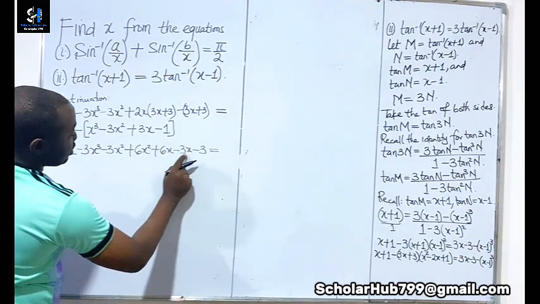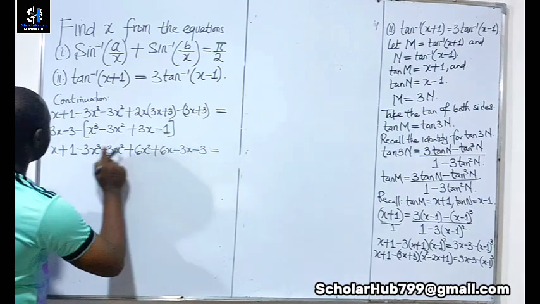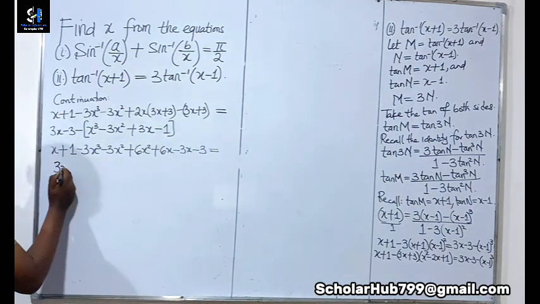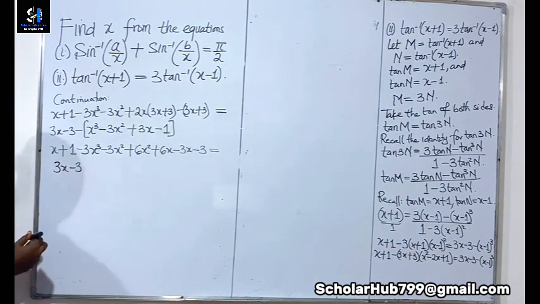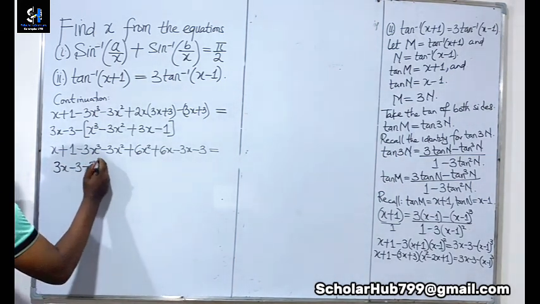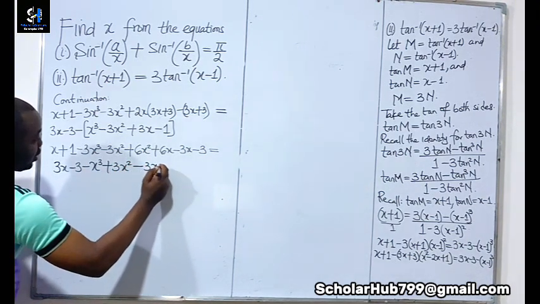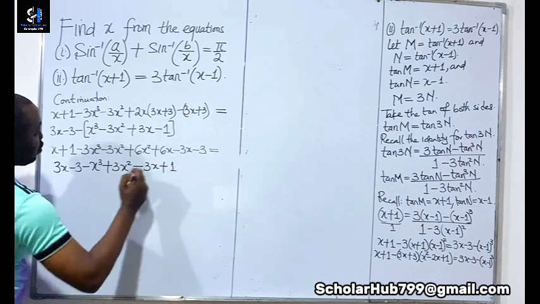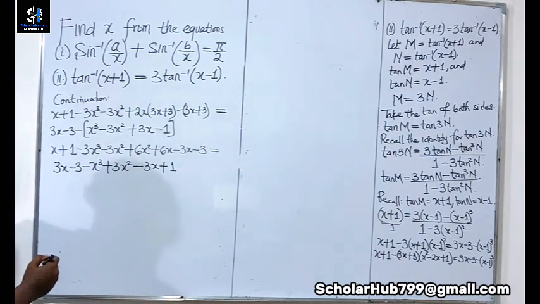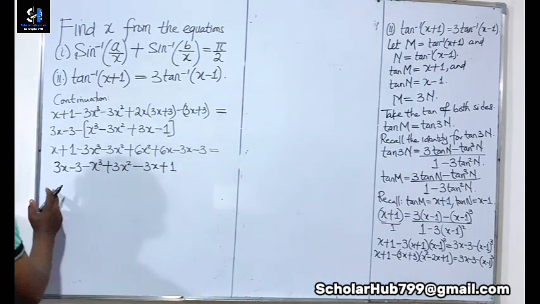That will be 3x minus 3, then minus x cubed plus 3x squared minus 3x, then plus 1. Okay, so now let's reduce it.